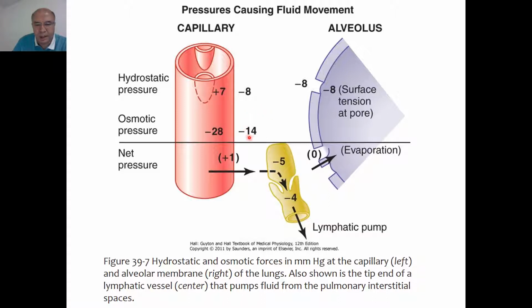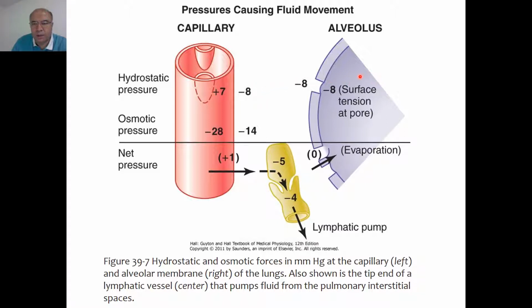Again, colloid osmotic pressure due to leaking proteins in the interstitium is quite high, 14 millimeters mercury, and in the interstitium it is about -8 hydrostatic pressure.